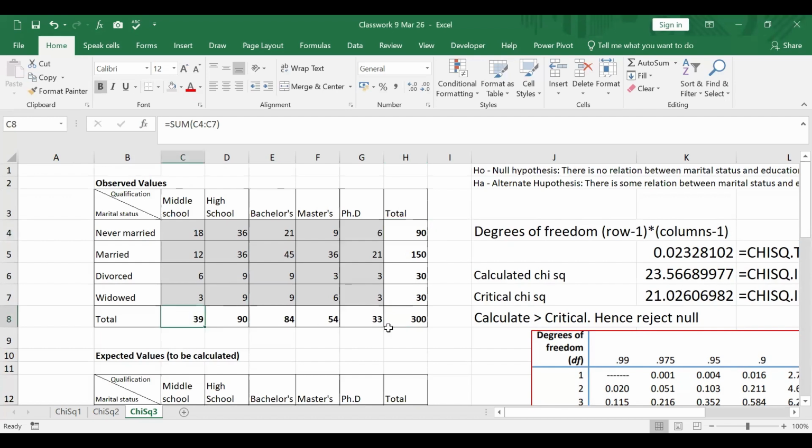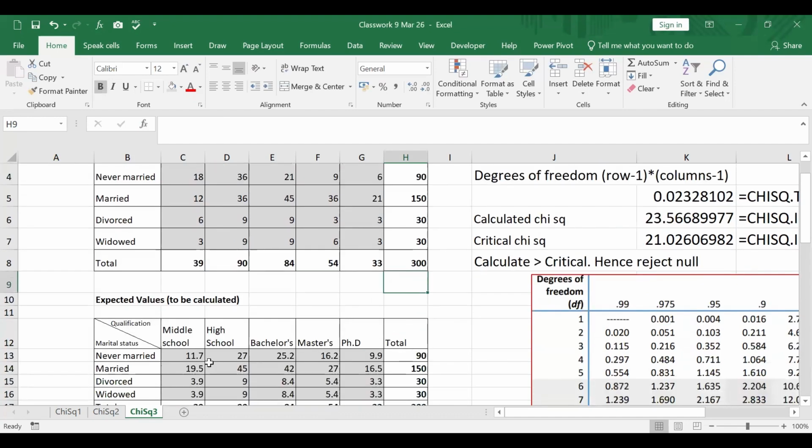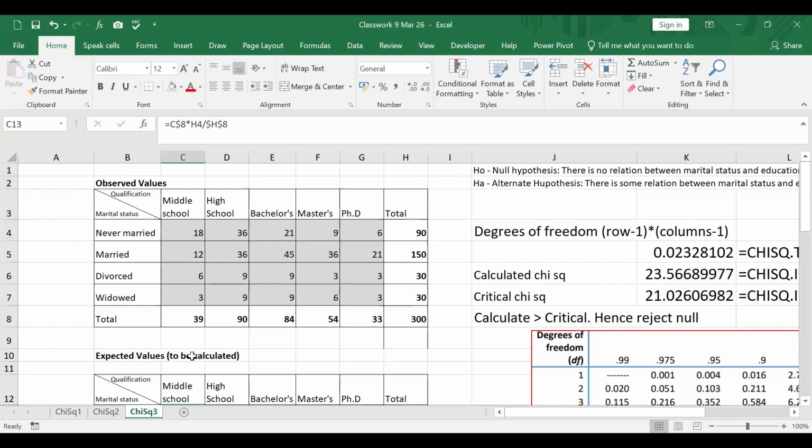90 into 39 by 300, I can show you here, is equal to 90 star 39 by 300. That's what we get. So here I calculated using the formula: C8, which is this one, into H4, that is this one, divided by this one, H8.